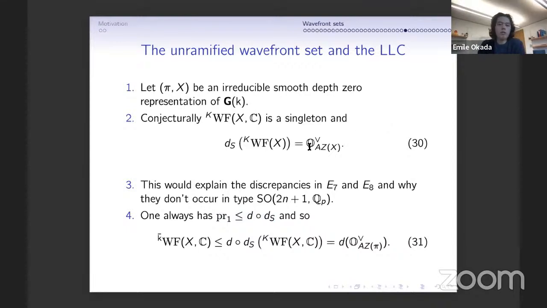And one more remark is that it allows you to perfectly recover the unipotent parameter from the unramified wavefront set, which is more in line with this philosophy that I mentioned, that the wavefront set is naturally dual to the unipotent parameter of a representation.